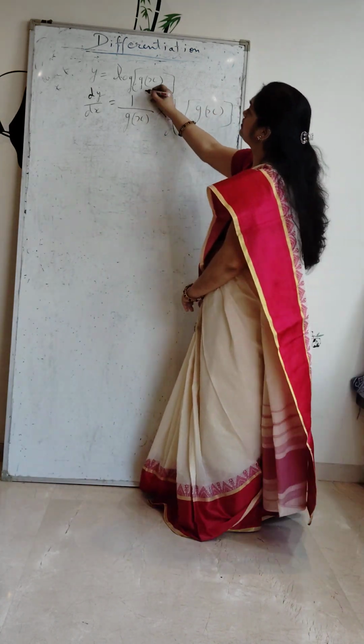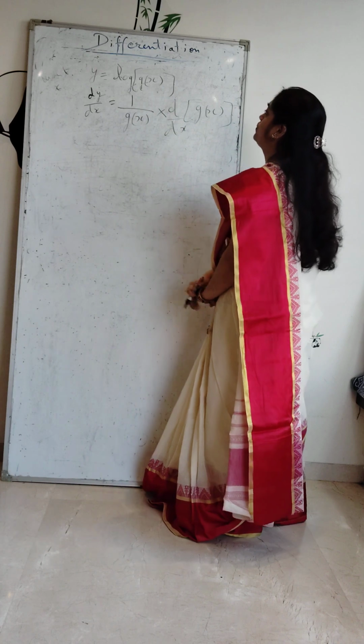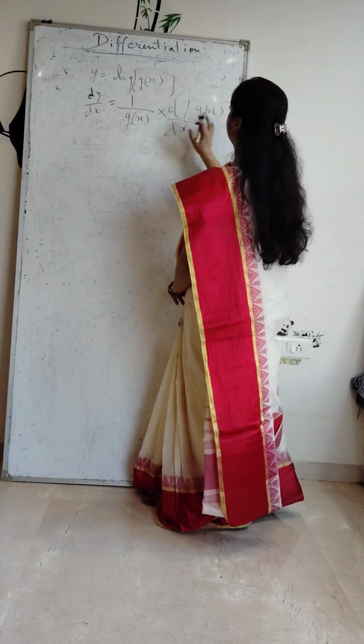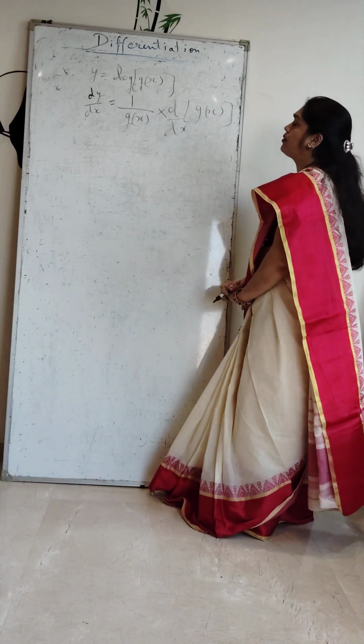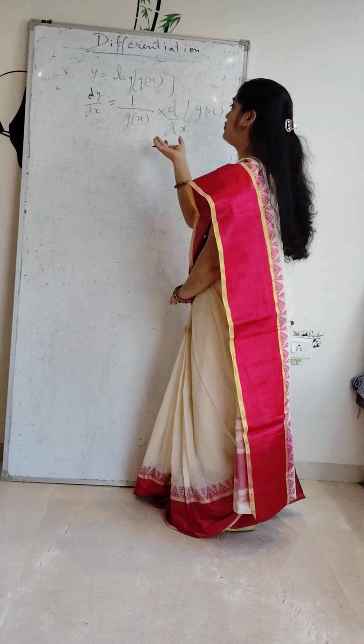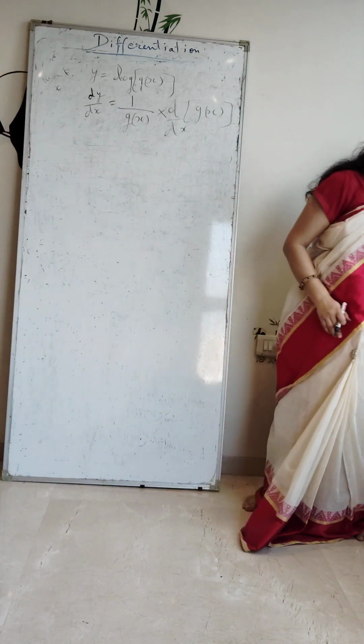We treat g(x) as the complicated part. So 1 by g(x) will directly come, and we will differentiate this g(x) individually. So this is the differentiation of a logarithmic function.